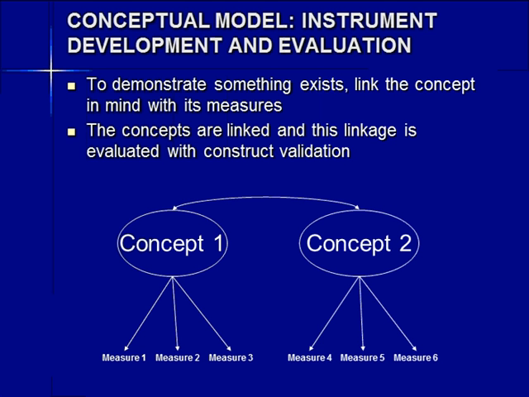And if you can show that the concept correlates and is linked with these different questions or measures in the predicted way, then you've created a convincing argument that you're measuring something that's worth knowing and measuring in this clinical trial context. There'll be much more said about this in the next webinar.